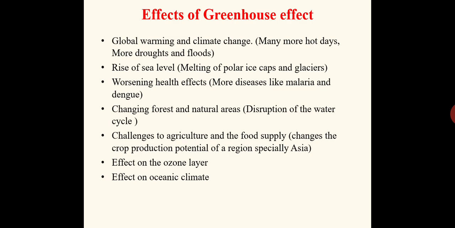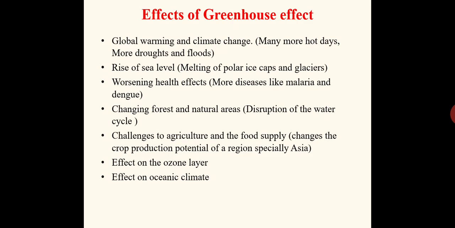Of course, if the temperature of the earth increases by at least 1 degree, it is going to have a huge effect on the atmosphere and on our day-to-day life. So there will be climate change. The next effect of the greenhouse effect is the rise of sea level. Due to the greenhouse effect, as we have already discussed, global warming is caused, which increases the temperature.